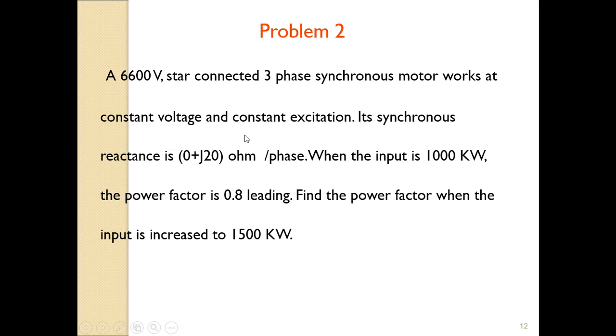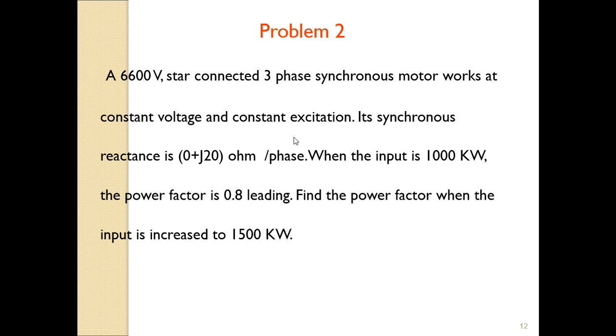If it is normal excitation, then the power factor is unity power factor. Suppose it is under excitation, then the power factor is lagging power factor. If it is over excitation, then it is leading power factor.